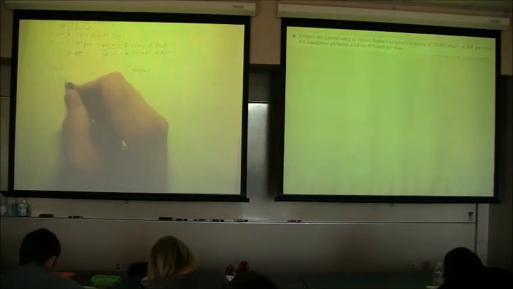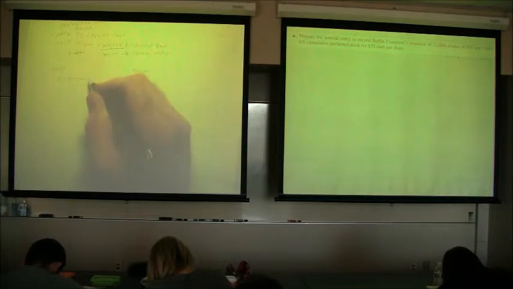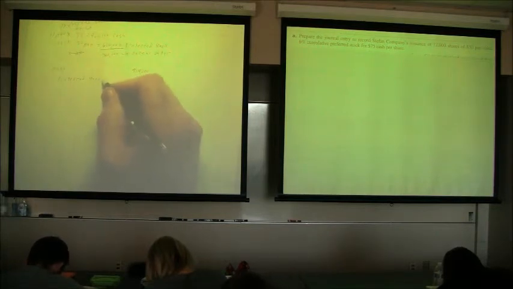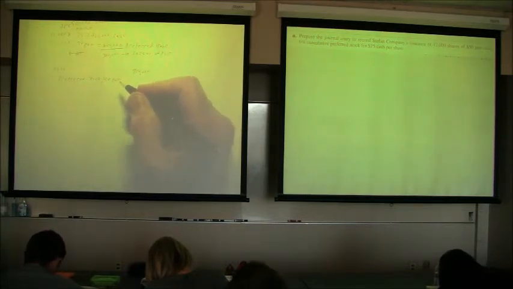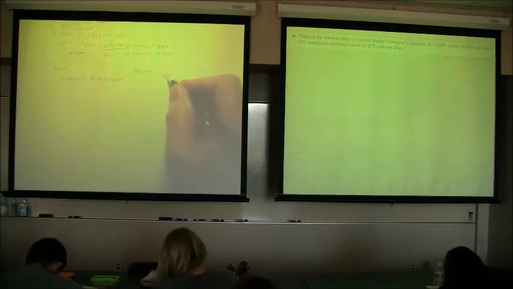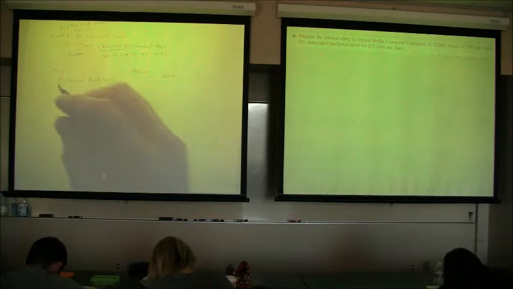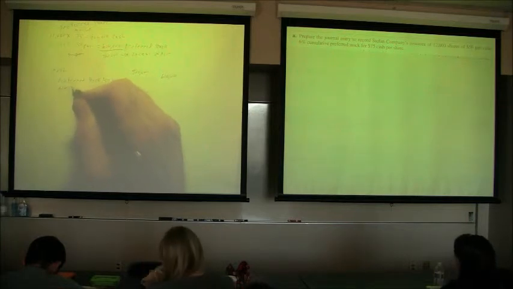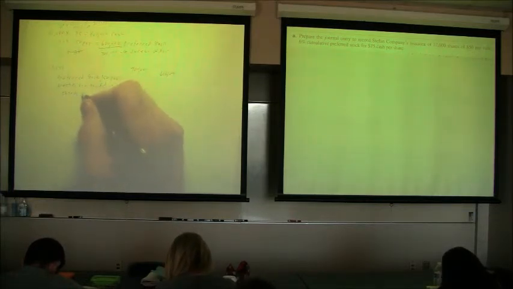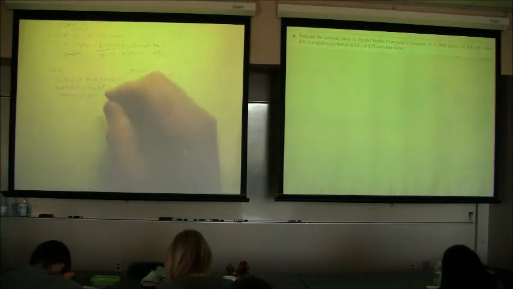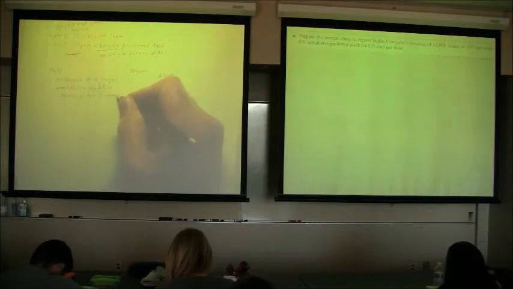Preferred stock, $50 par, will be credited for $600,000, and then paid-in capital in excess of par, preferred stock, will be credited for $300,000.